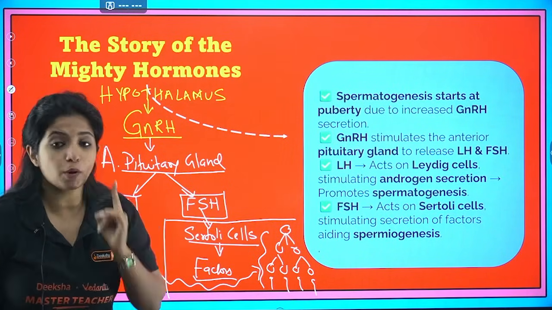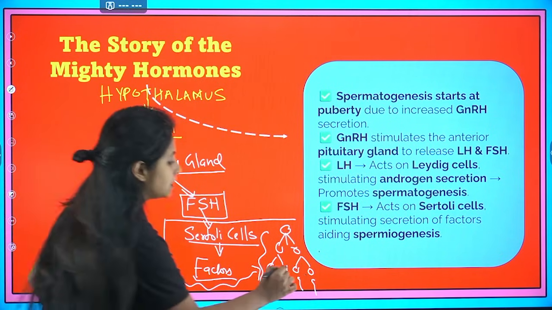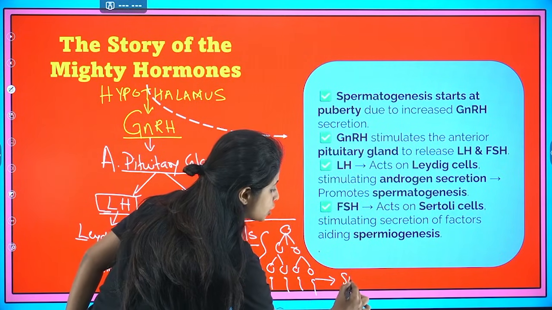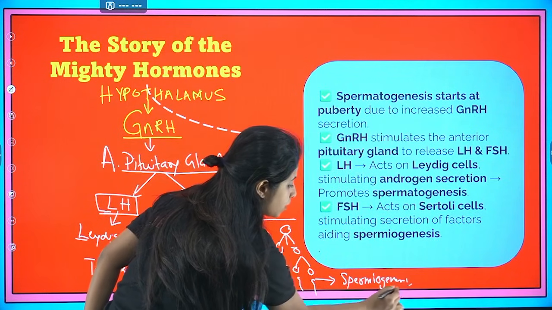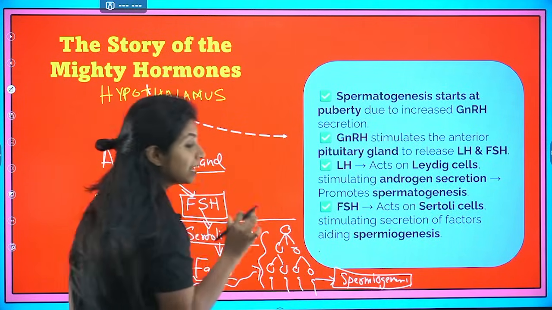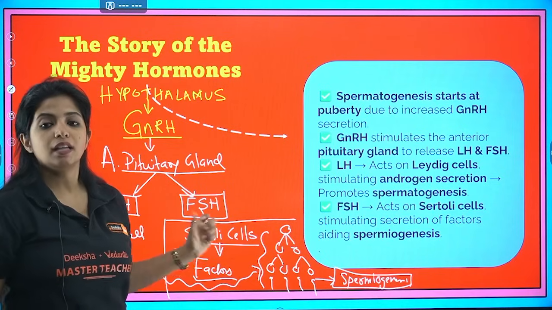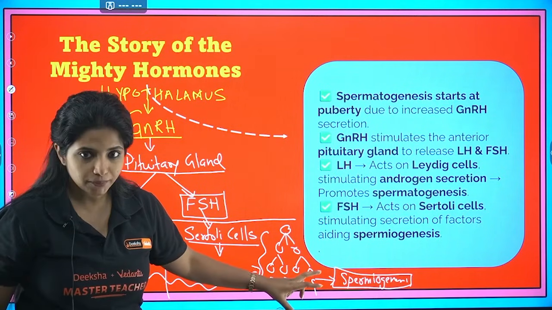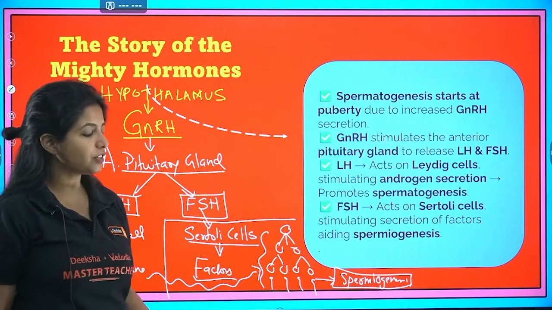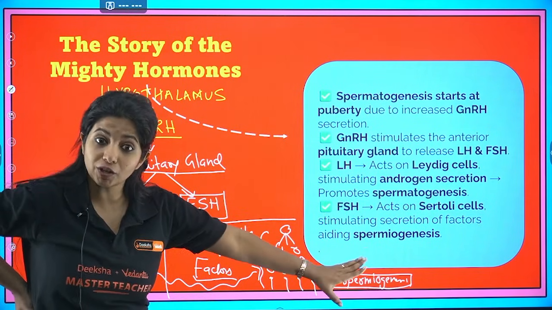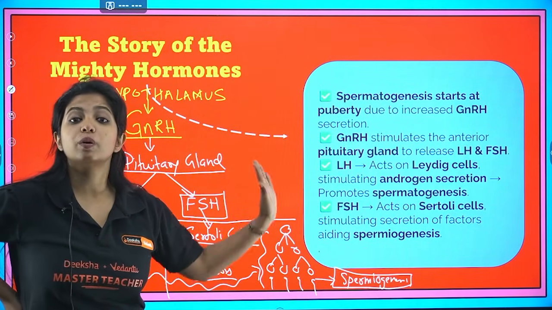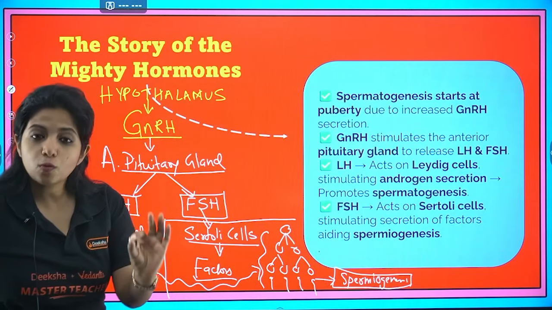Especially, this is a very important question, the last stage, which is known as spermiogenesis, the conversion of spermatids to spermatozoa, is basically too much hampered if the factors are not being released. So if you are asked, if FSH is not being released, which is the stage mostly affected? Spermiogenesis. That means formation of spermatozoa is mostly affected.